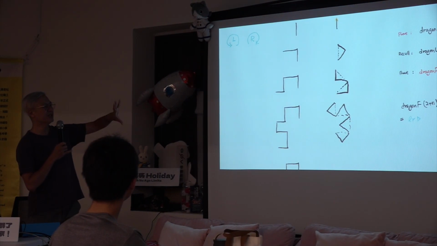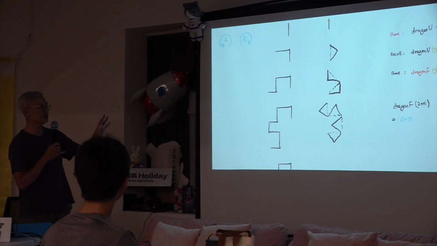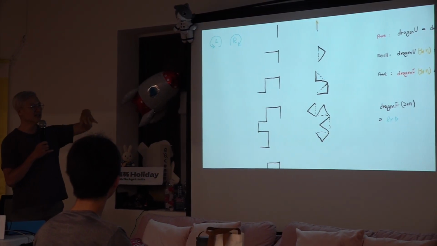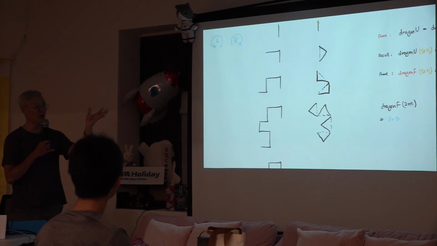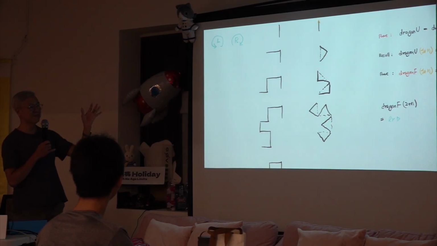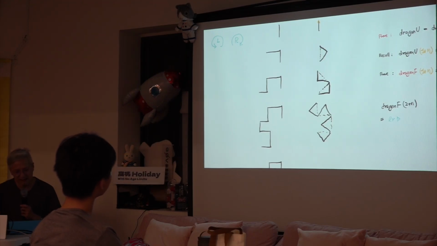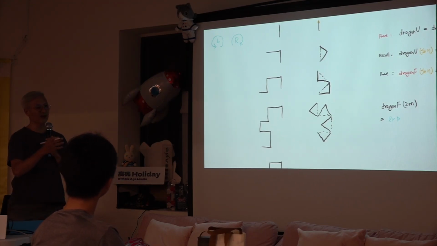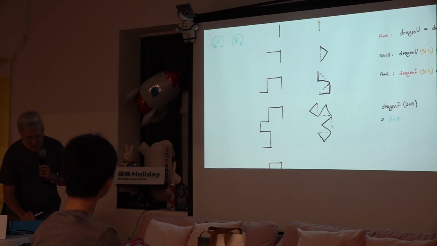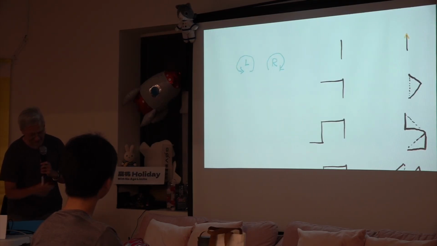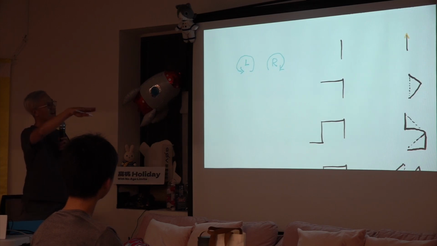The degree of rotation is not important. What's important is probably how the curve bends. So we are going to represent a curve by a sequence of alphabets L and R, where L denotes a left turn and R denotes a right turn.